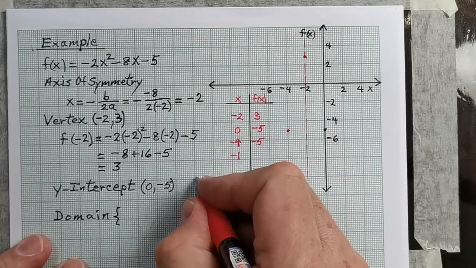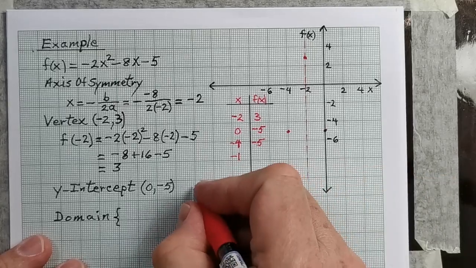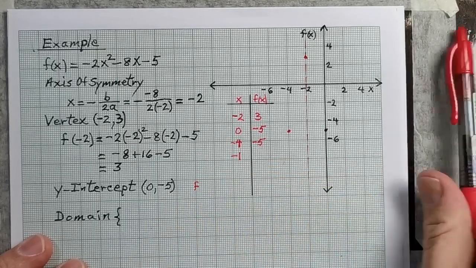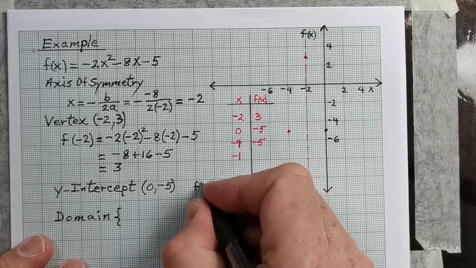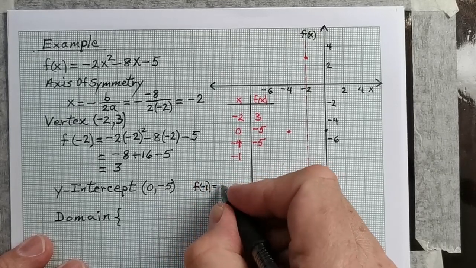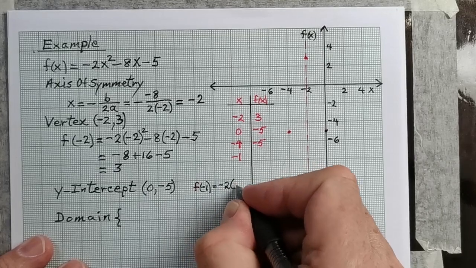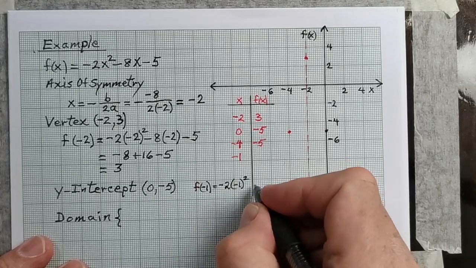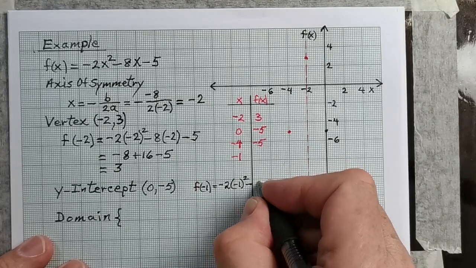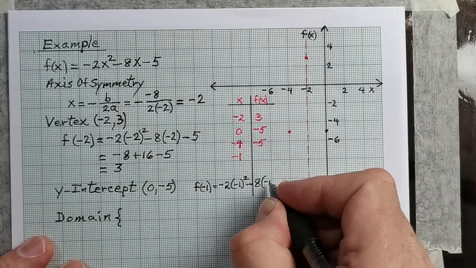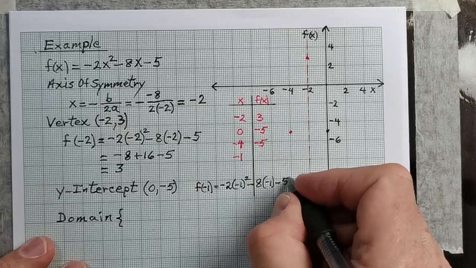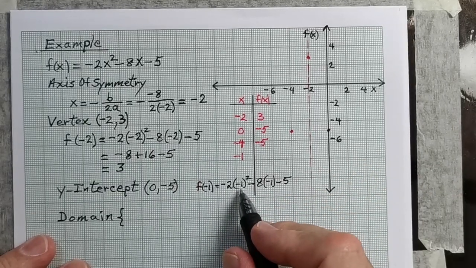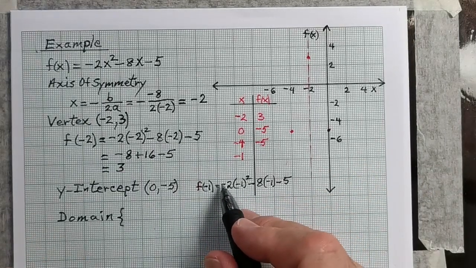Well, let's try that. I'll use black for this. We'll use f of minus 1. What will we get? Well, it's going to be negative 2 times negative 1 squared minus 8 times negative 1 minus 5. So negative 1 squared is positive 1 times 2 is 2 with a minus sign in front.